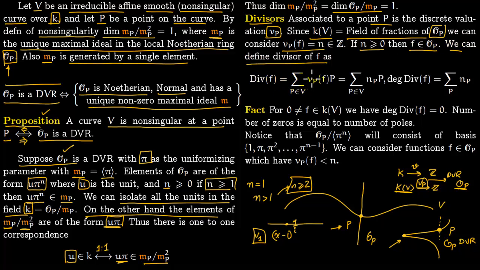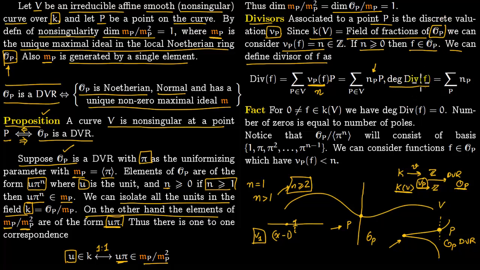The divisor of f is given by the valuation v_P(f) at the particular point P. This valuation is just an integer, and it could be anything. If it is greater than or equal to 0, that means your function actually came from the discrete valuation ring. If it is negative, then it definitely came from the field of fractions of this.